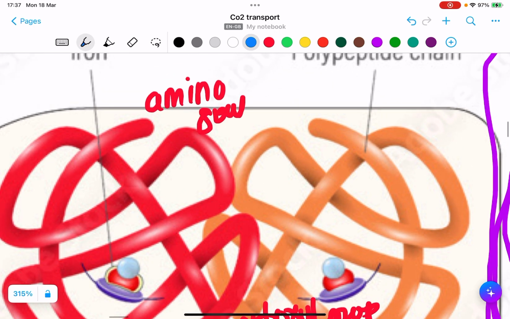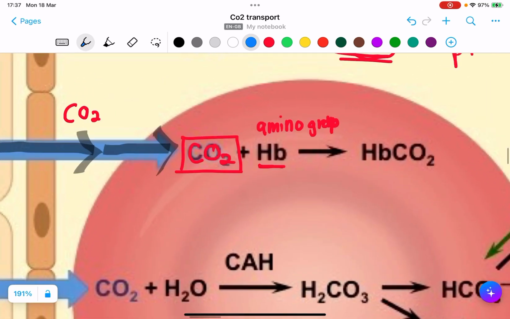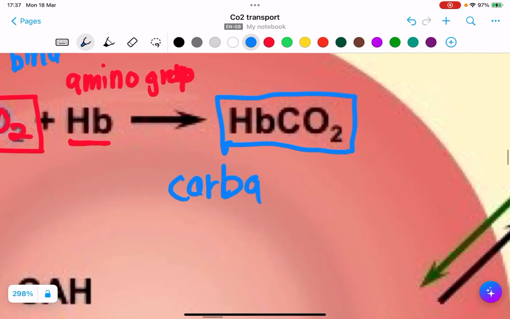Jadi CO2 tu dia pergi bind dekat amino group. CO2 yang masuk dalam red blood cell tu dia pergi bind dekat amino group. So that's why dia bind to amino group. The verb is bind to amino group to form benda ni. Benda ni kita panggil carba sebab dia carbon dioxide.